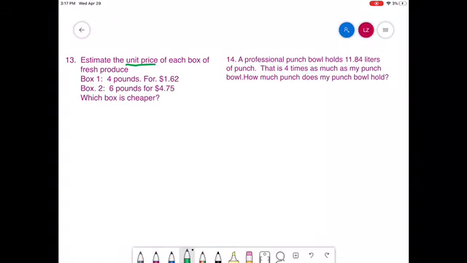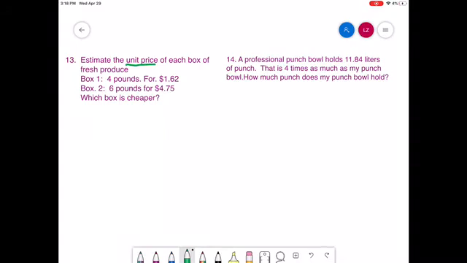But if you find out what box 1 costs for each pound and you find out what box 2 costs per pound, then you can compare equally what 1 pound of each box would cost. So that is something that I use quite a bit. Sometimes in stores, it will actually say unit price, like on the label on the store shelf, it will say unit price per pound to help you compare when you're shopping.